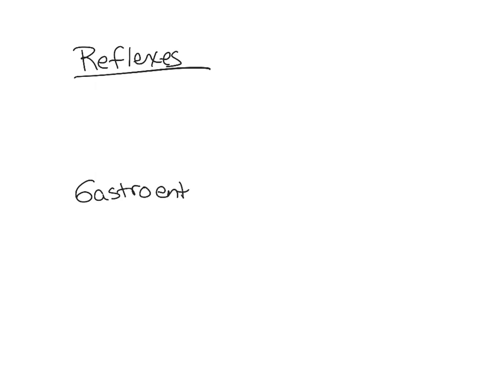All right, so let's look at 3 different reflexes that we have in the stomach. These are reflexes that control the stomach and the small intestine. There are 2 central reflexes, which are called the gastroenteric reflex, and there is the gastroileal reflex.